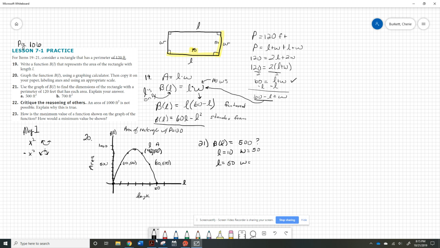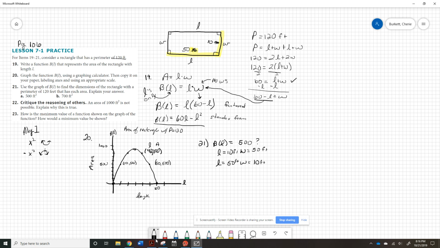And they're saying, okay, so now let's say, what if the length is 50? Then what would this width have to be? If the length is 50, then this width would have to be 10 in order for those two together to be 60. And of course, you can also see that 50 times 10, you multiply those together and you get 500. So that's the answer to number 21. And by the way, these are all feet. I'm leaving the units off, but I shouldn't. So those are all feet.